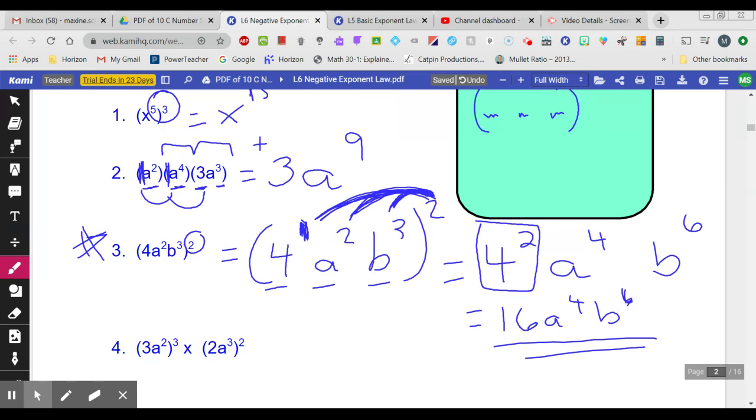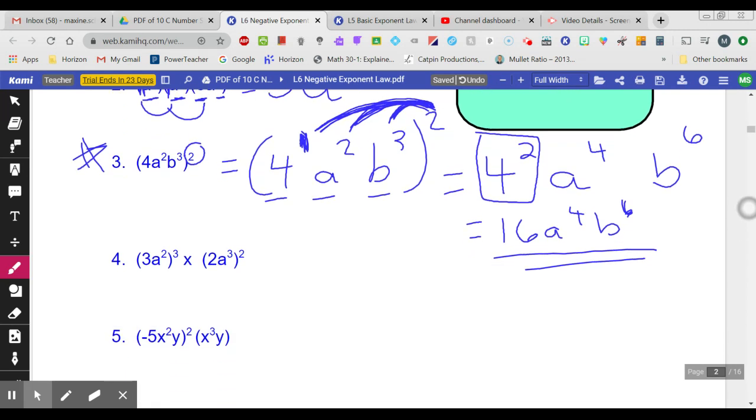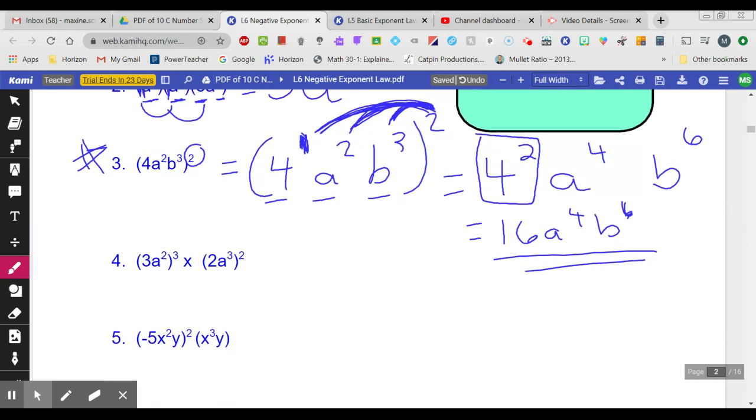Okay? So if you would like, you can try the next one, number 4. Okay? I'm going to go ahead. So if you want to try it first, hit pause, and then compare your answer to mine. So option number 1, cubed means write it out 3 times.